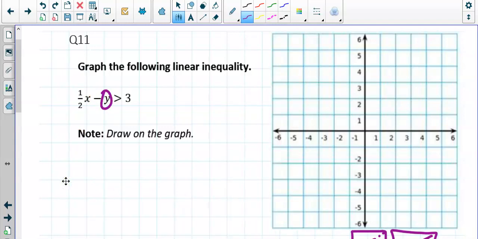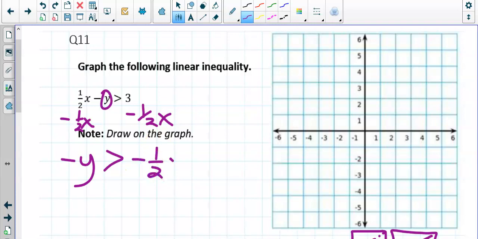How do I move a positive 1/2 x? Minus 1/2 x. So negative y greater than, what do I have on the right side? Or you could have 3 minus 1/2 x. It's all the same. But we're not done yet.